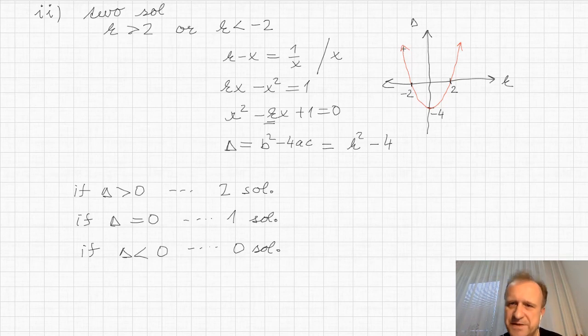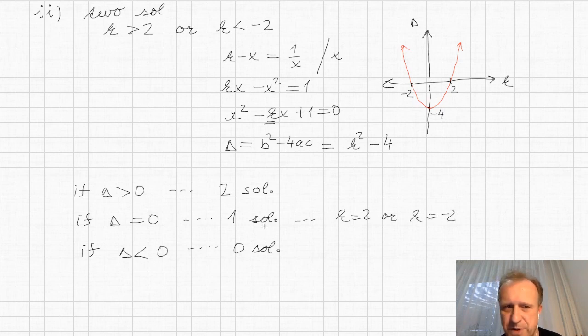And now look at this graph and ask yourself, for what values is delta equal to 0? Well, you see it equals 0 for two values of k: for this value, k equals 2, and for this value, k equals negative 2. So we may say that k equals 2 or k equals negative 2.